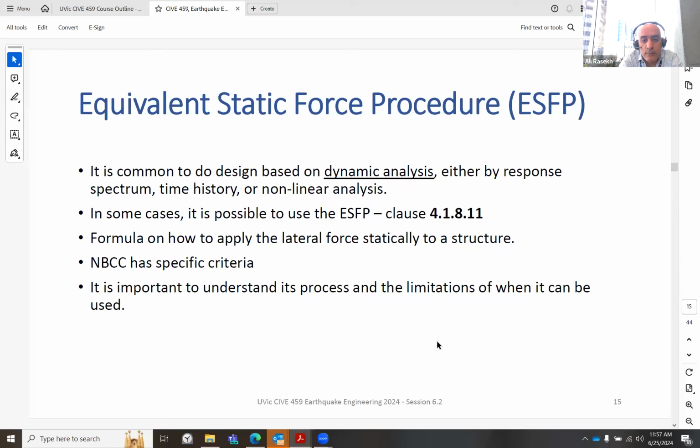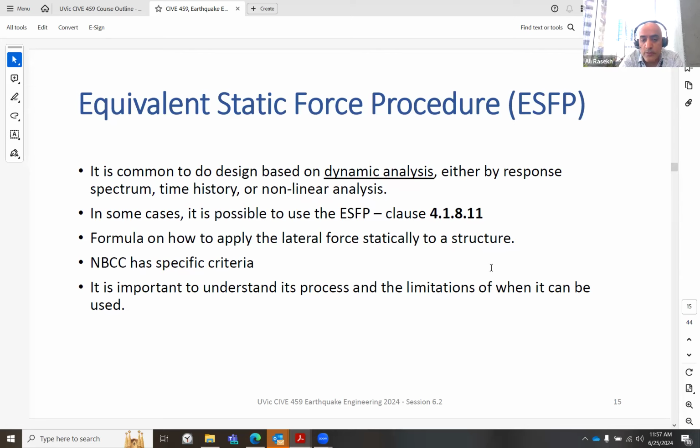However, in a lot of cases, we can use the equivalent static force procedure, ESFP, which is the big thing that the code gives us when the structure is considered more regular. The code gives us equations on how to distribute the lateral force to the structure, the base shear that we already calculated. And it is important to understand its process and limitations.